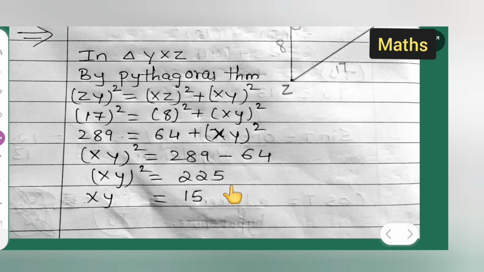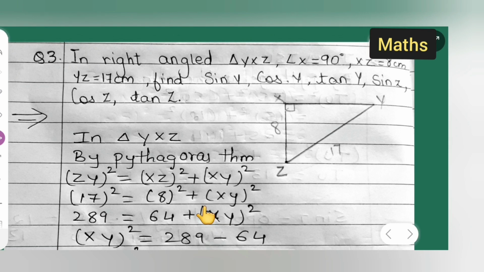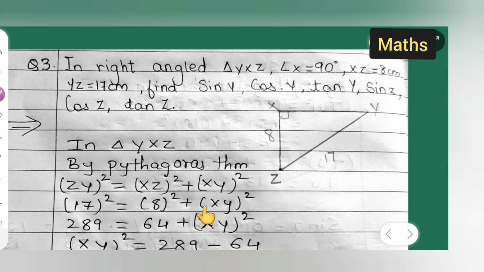Now you have to take the square root. 289 minus 64 gives 225. If you take the square root on both sides, you get XY equal to 15. So you can write this as 15 now.